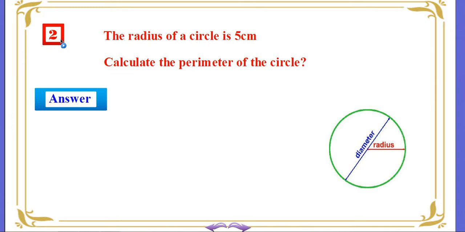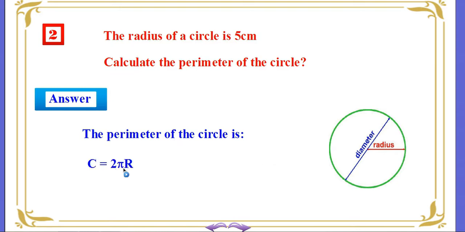The formula for the perimeter of a circle is 2 multiplied by pi multiplied by the radius, or the diameter multiplied by pi.